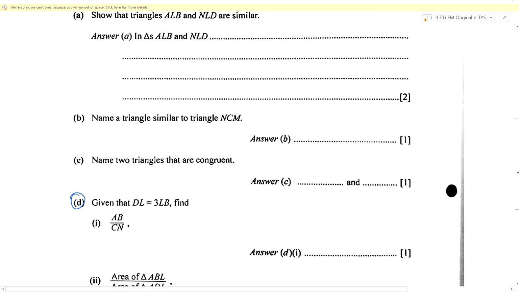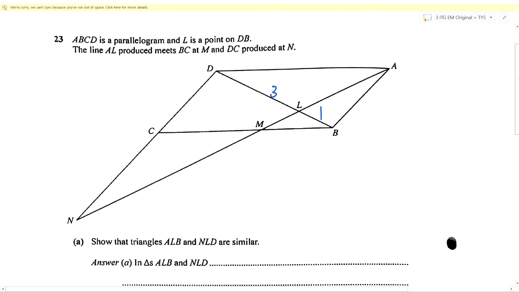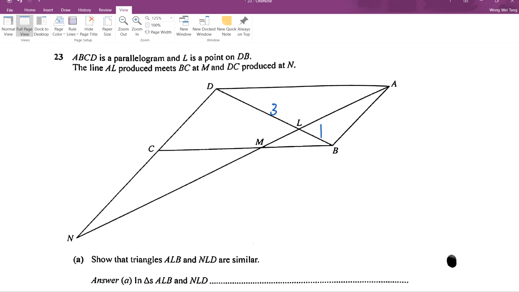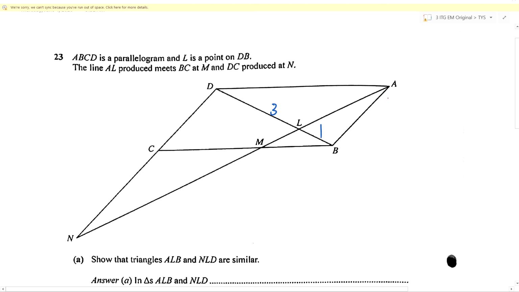We want to find AB over CN. AB and CN over here. Let me use red. Because in part A, we have already shown that ALB and NLD are similar triangles, the ratio of the corresponding sides should also be 1:3.